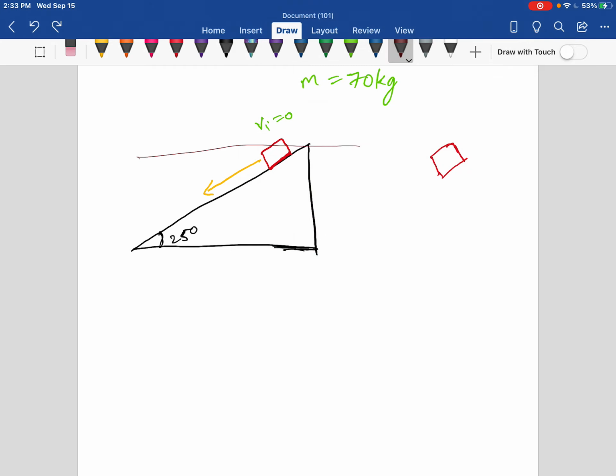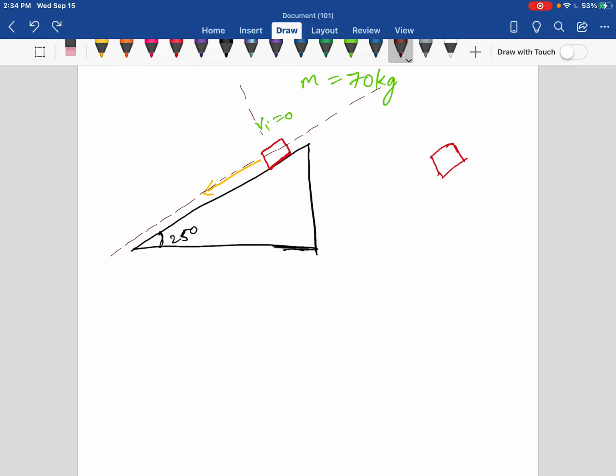You can actually draw the x-axis this way, y-axis this way, and do everything this way, but a better thing to do would be to draw the x-axis this way. I'm going to call this the x-axis and this the y-axis.